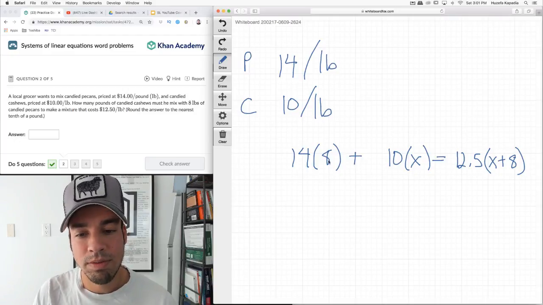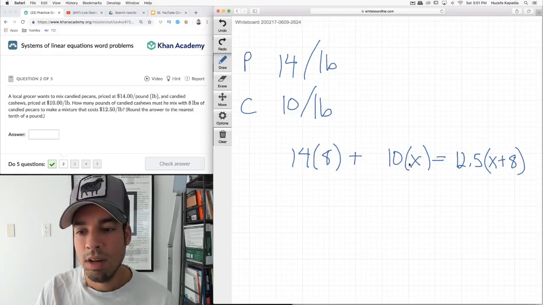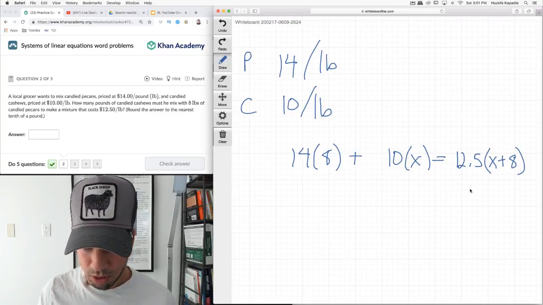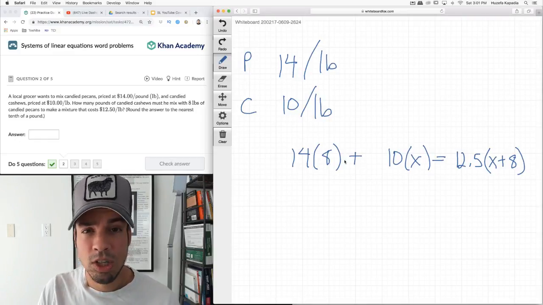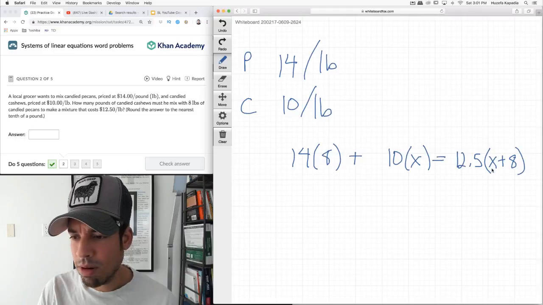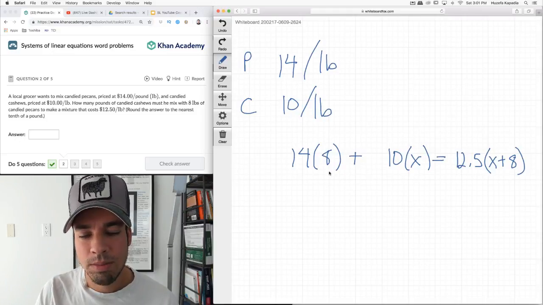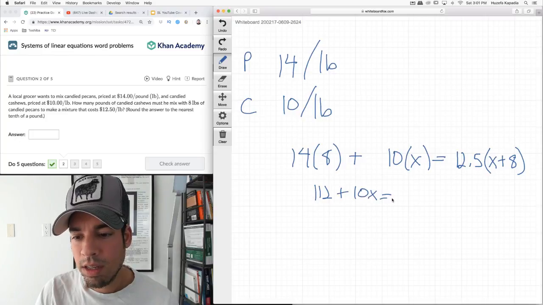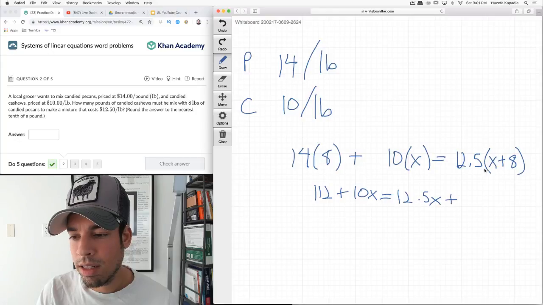We've got $14 per pound of 8 pounds of pecans, an unknown amount of pounds of cashews at $10 per pound, equaling the total at $12.50. And then we just isolate and solve for x. This is a calculator problem, but I think we can do it without. 14 times 8 is 80, plus 32 is 112, plus 10x equals 12.5x plus 80, 96. Half of that, oh, it's actually 100.